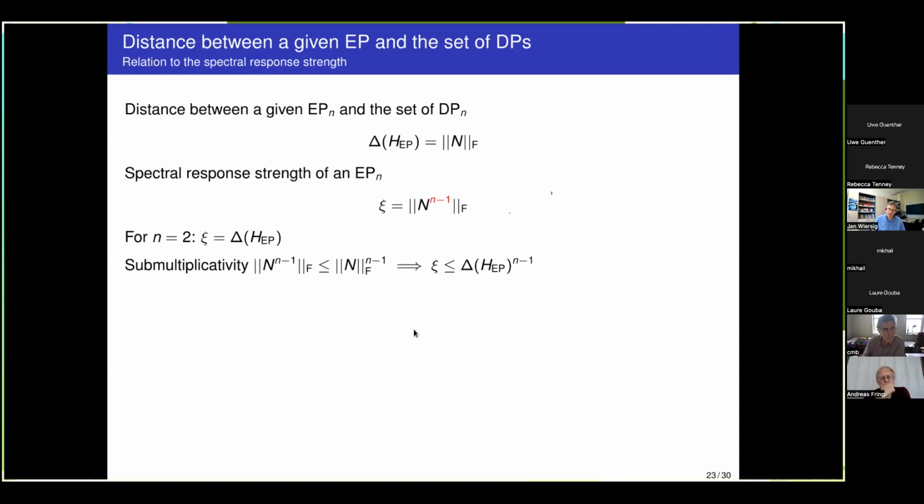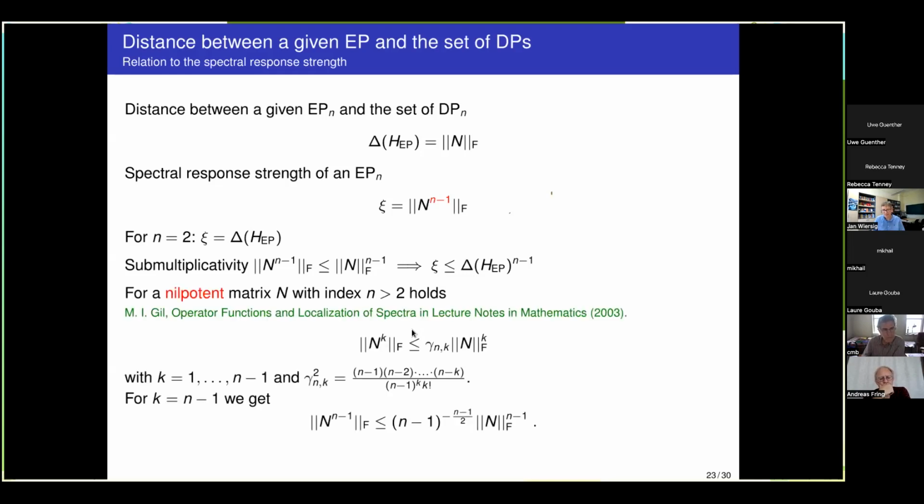It's not sharp at all. One can do much better, just a technical detail, but it's nevertheless somehow funny. It's known that for nilpotent matrices, and n is nilpotent, when the index is larger than 2, one can write down an inequality of this type. And this is much better than that type, because the prefactor here is smaller than 1.